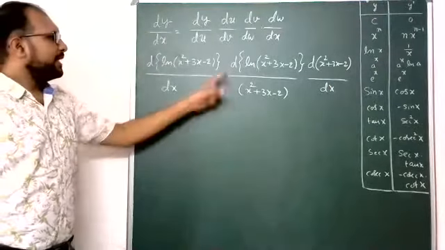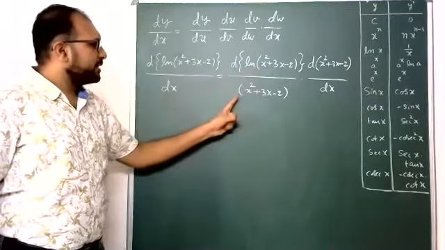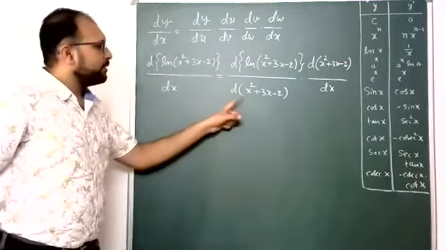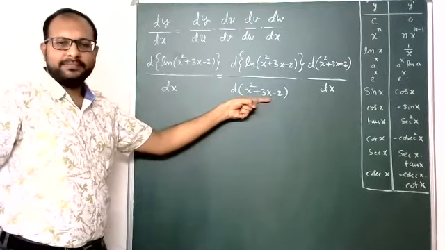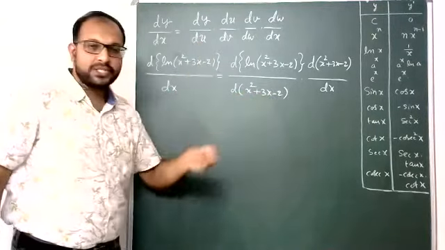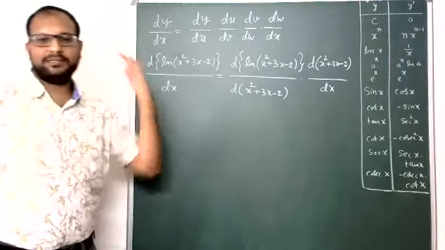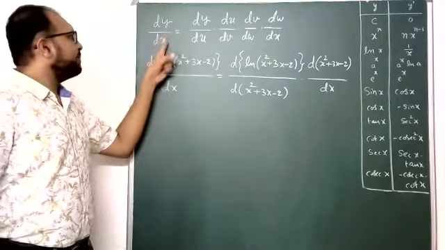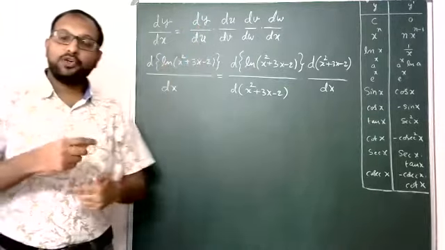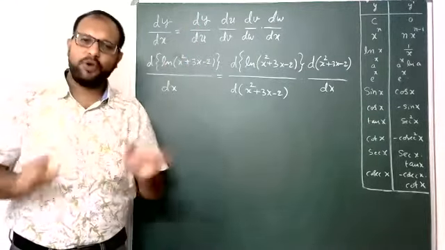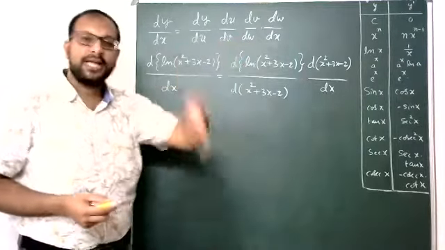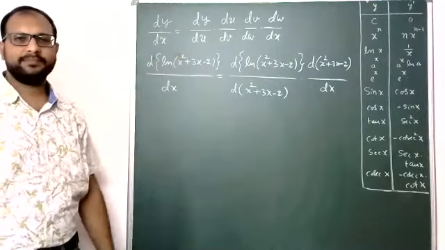So that means dy by dx, here u is x square plus 3x minus 2, again a function in x. So dy by dx is dy by du into du by dx. Problem now over. Suppose a still complicated function is there, the remaining links are also required, that also I will explain.